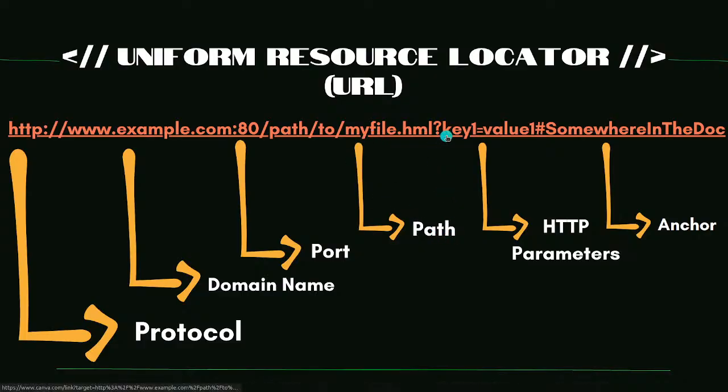And if you see any question mark in your URL, then those are the HTTP parameters through which you are trying to send data to the server with the help of your request in the URL. And in some URLs you might see something like a hashtag, and after the hashtag there is something pointing somewhere in the document, which is known as an anchor. What is an anchor?